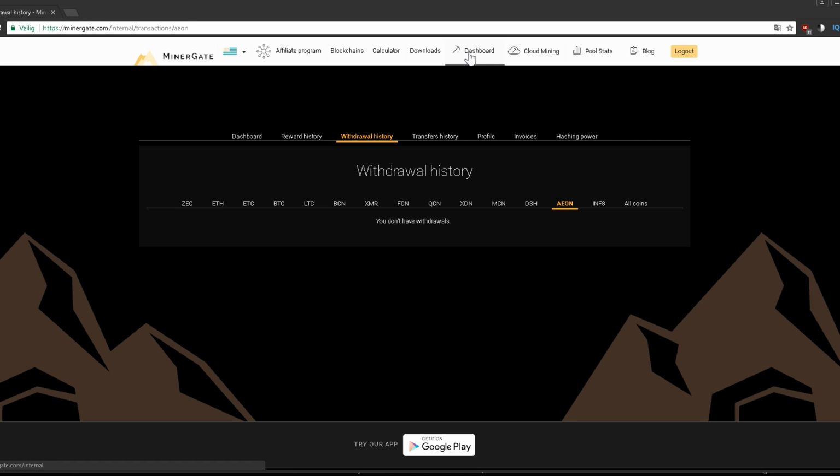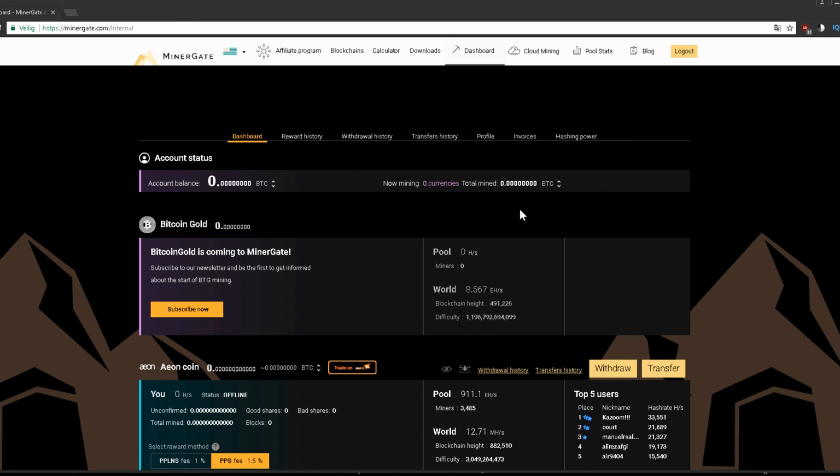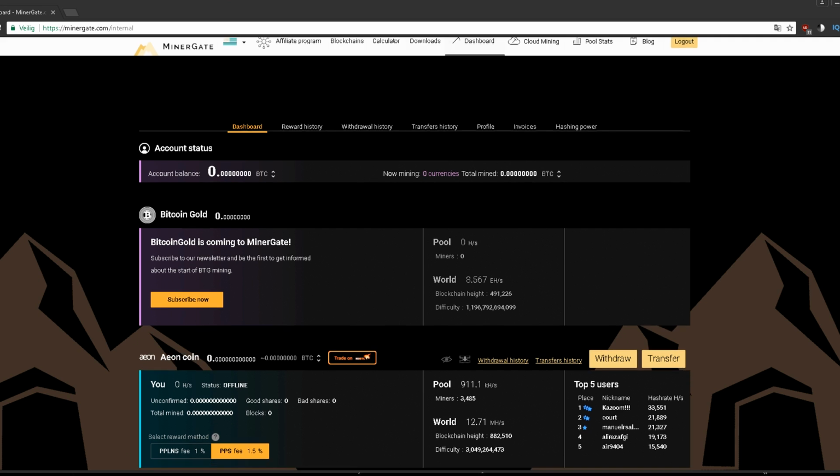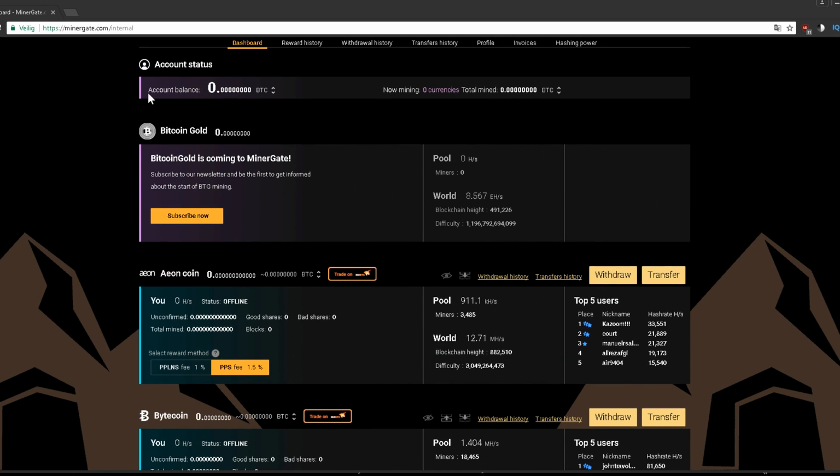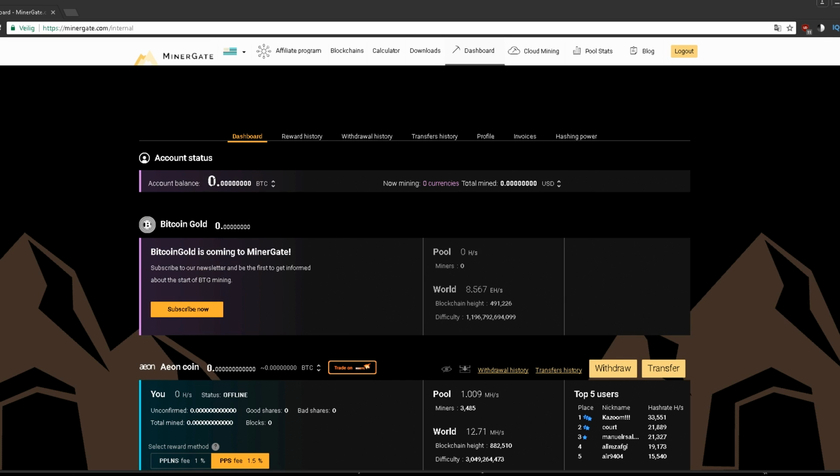Alright, so that is the dashboard covered, and you can see here your total account balance in USD, euros, whatever, and you can also see what you're mining, how many currencies you're mining here, and total mined, totally mined forever. Also, this will include the amounts that you have withdrawn. This will not.